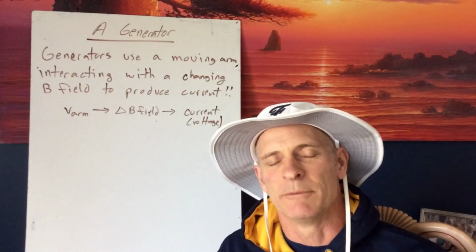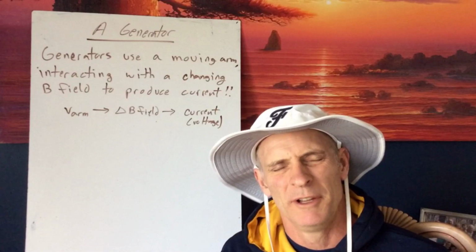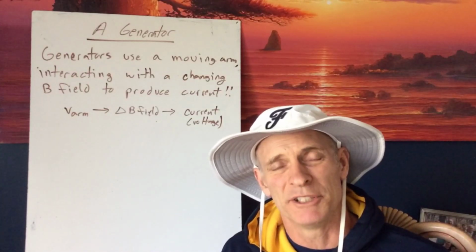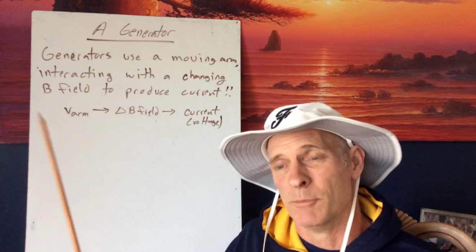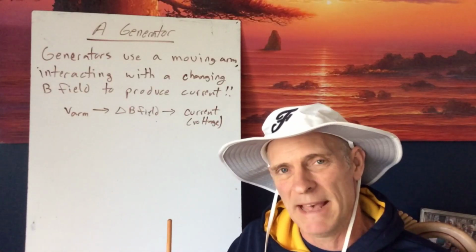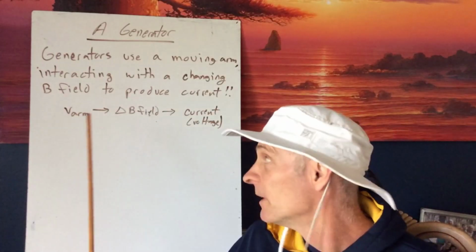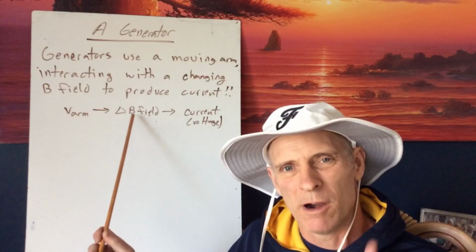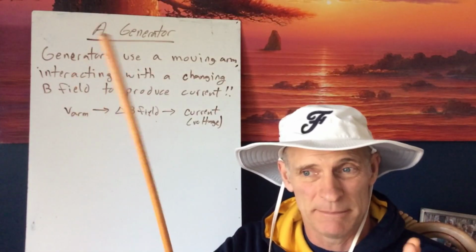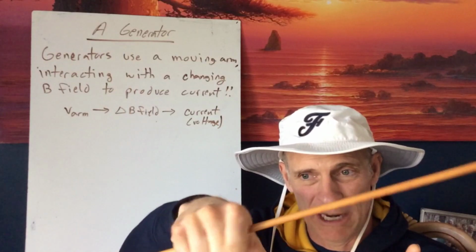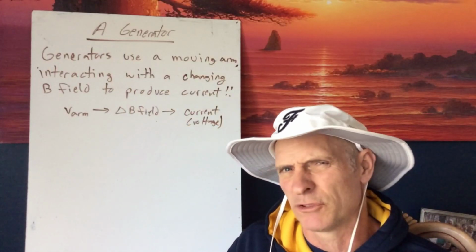Okay, guys, once again, trying to make a complicated topic a little bit more simple for us. Let's look at the basics of how a generator works. We're going to take a moving arm that is some kind of magnetic bar, like we saw yesterday. We're going to move that arm through a B field. So if we turn this bar within an established magnetic field, then the magnetic field strength will change.